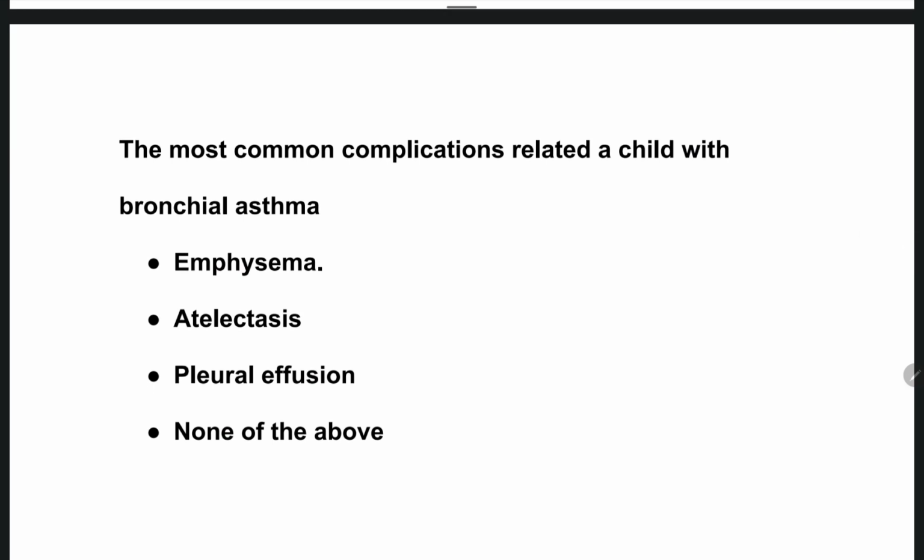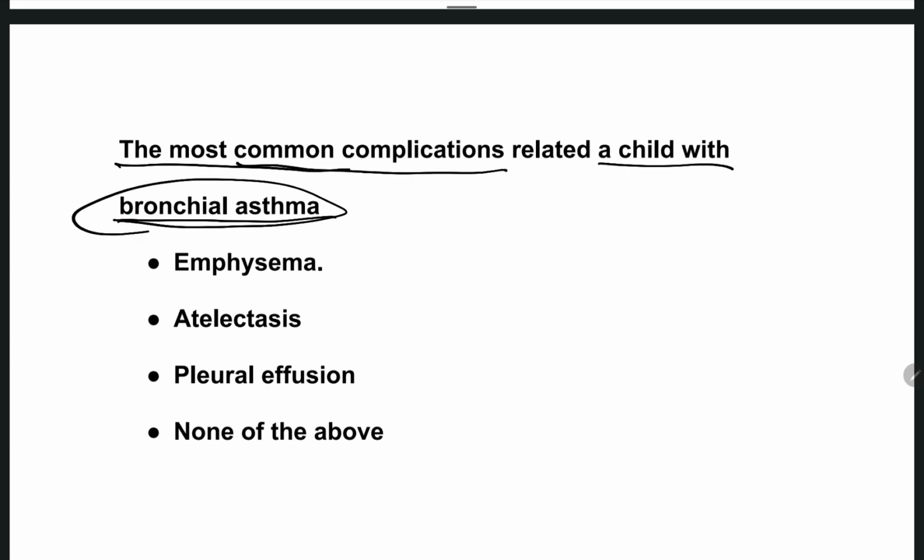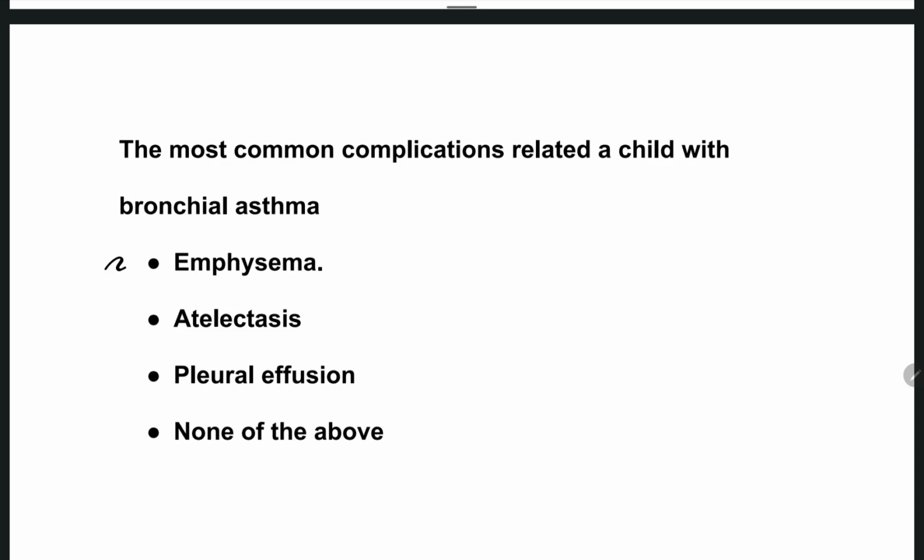The next one is the most common complication related to a child with bronchial asthma. If the child has bronchial asthma, what common complication may we see? Options are emphysema, atelectasis, pleural effusion, none of the above. The right one is option A, emphysema.